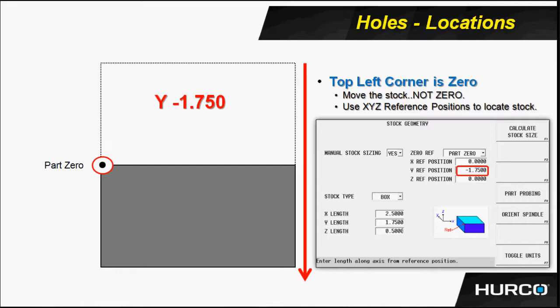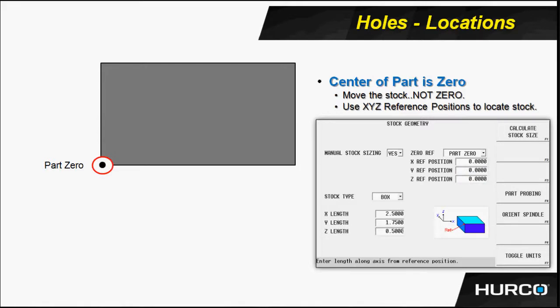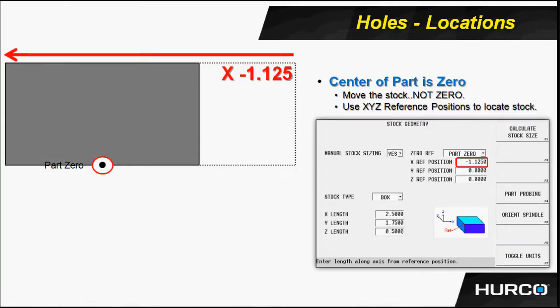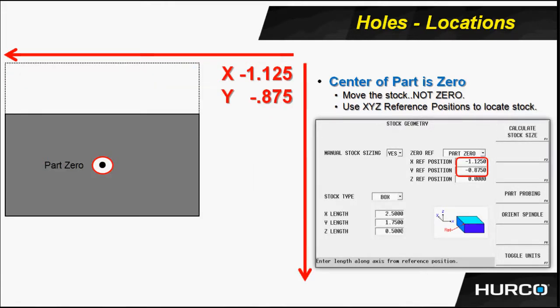That moved the part down the full width of the part in the Y axis, thereby making the back left corner 0. Let's say we wanted to make the very center of this part, both in X and Y, the 0 point. I would move it negative 1 and an eighth inch in the X axis, and then again a negative .875 in the Y axis. You see that the part 0 now is located on the center of the stock.